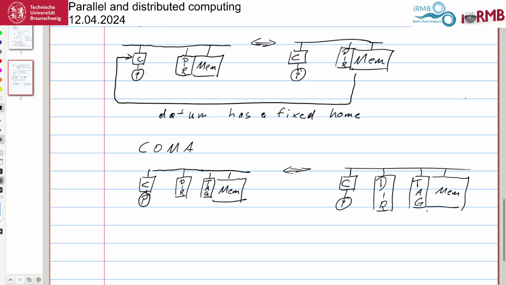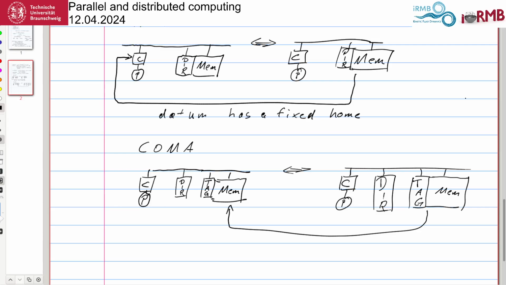If the left node wants to have something that is in the memory of the right computer, it transfers the datum to its own memory. So the position of a datum is not fixed, and because of that we have to somehow remember what this datum actually means, and this is done by the tag.